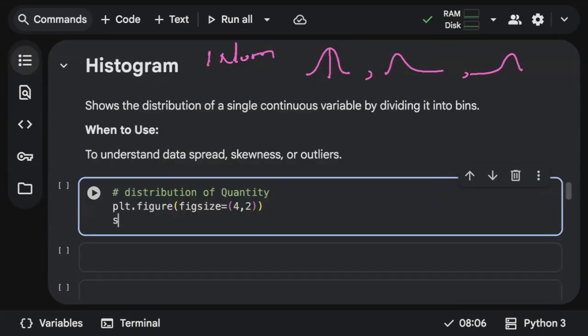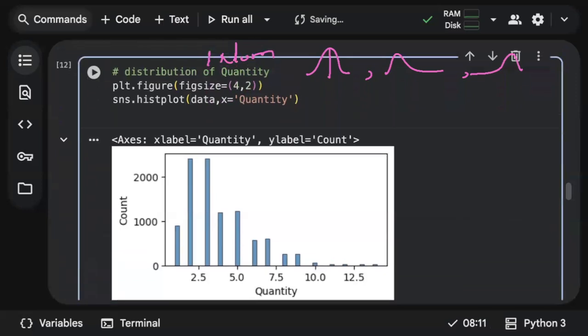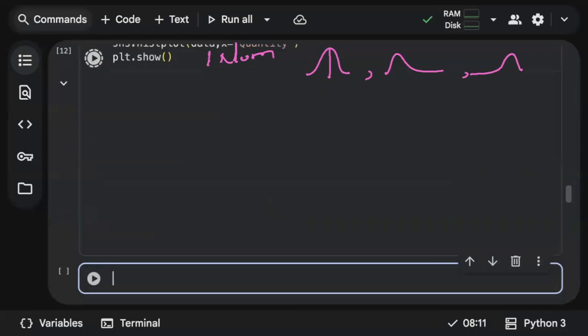Then I'm using sns.histplot, passing data, and x equal to the quantity column. Then we'll try with sales and also with profit. See, this is how the distribution of data is going to be. You can then say plt.show so that it will display the graph.